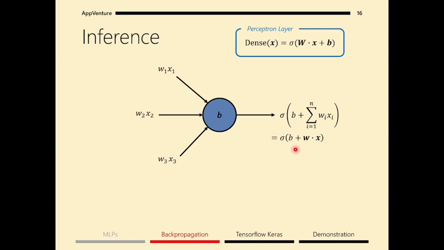And now in a layer, you have many neurons. So what happens is that you are repeating this multiplication across each neuron. That means your vectors now become matrices. For example, the bias here becomes a vector, and the vector W, which is the weights, becomes a matrix.